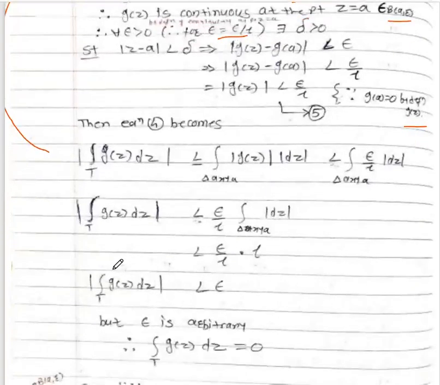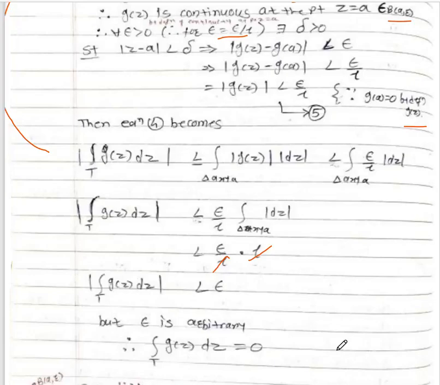Epsilon by L is a constant term, so take it outside of the integral. Then in the integral only mod dz remains, and we know that the value of this is L, the length of the path. So this L and this L will get cancelled, and only epsilon remains. But here epsilon is arbitrary, so let us choose epsilon as 0. Therefore the modulus of the integral over T of g of z dz equals 0.